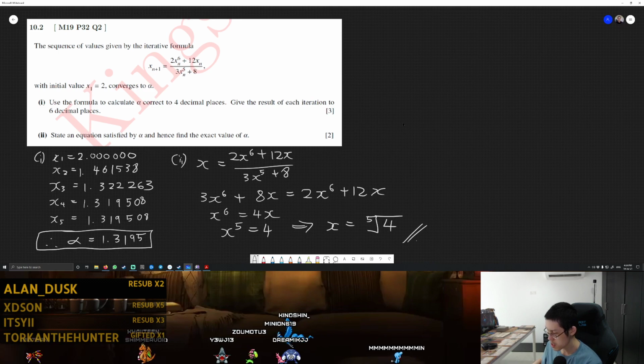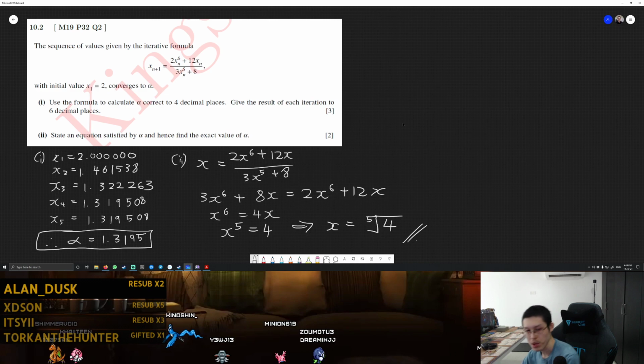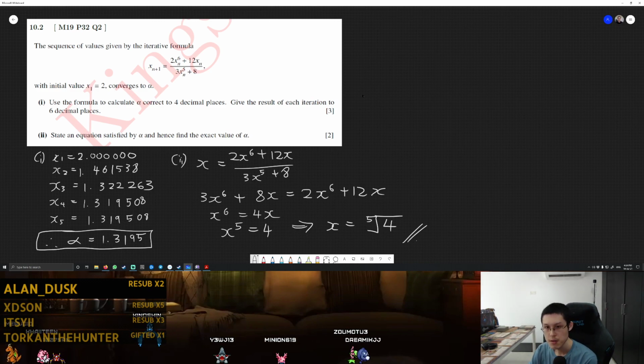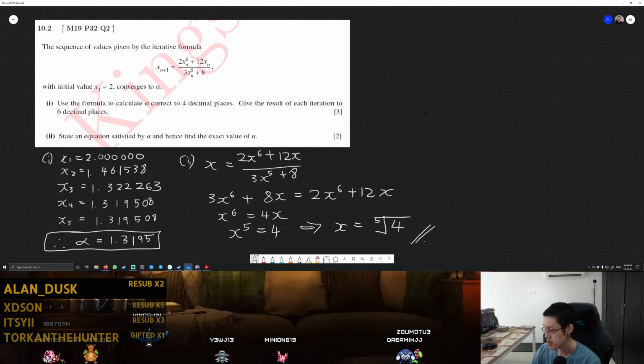So try 6B, and you can jump straight ahead to the past papers if you want to. It's actually not that difficult, just a bit tedious to do. So just do a couple of questions just to get a hang of it, and you should be set.